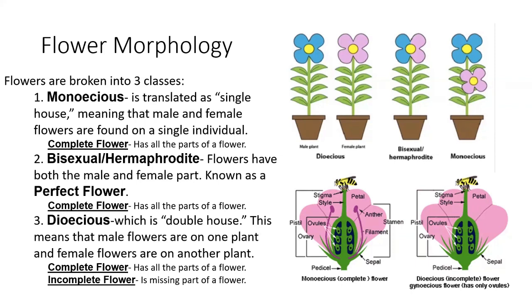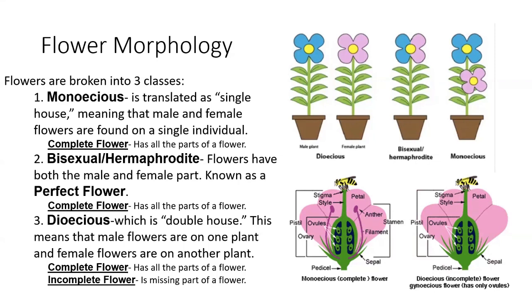So maybe, for example, if it's dioecious, oftentimes it will be considered incomplete. So it's missing either the male or the female part. So again, one way to help identify a plant is looking at its flower morphology and those parts of the flower.